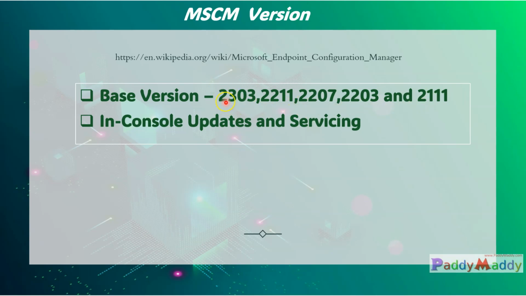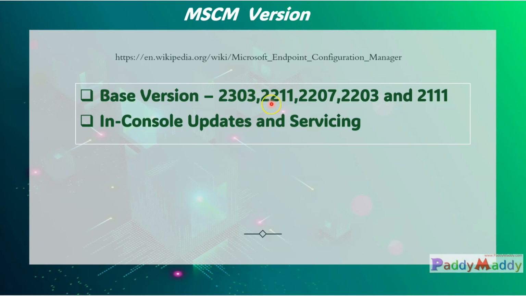One would be the year, 23 is the year and 03 is the month, and here 22 is 2022 and the 11th month. Similarly, you might expect another update in 2023 around close to November. In between, you might see another update. That's how they are going to split it. So in a year, 2 releases will be available.